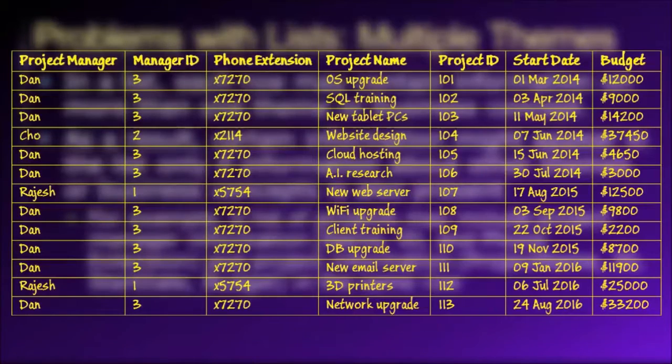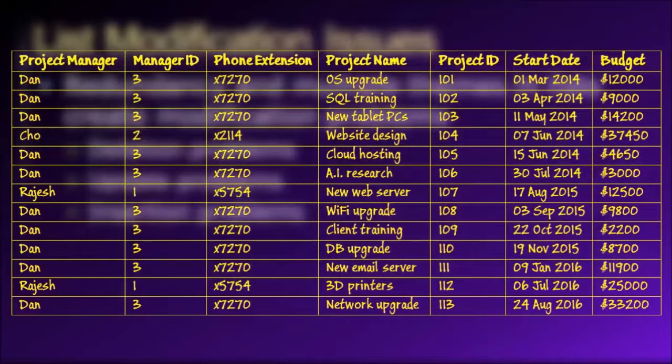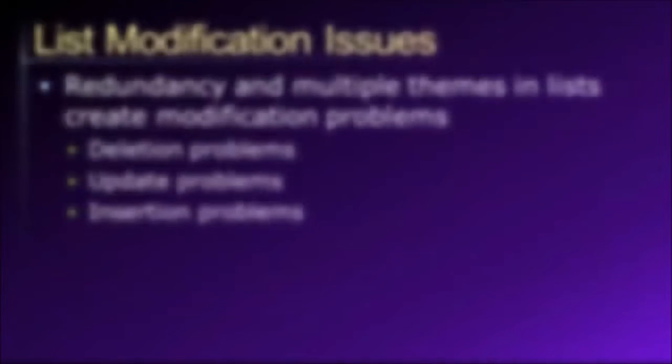If we also wanted to include project information, that is perhaps a project name, a project ID, any additional information about the project, we might store that in the same row along with the project manager. Aside from redundancy, as I mentioned earlier, the problem here is not necessarily how we are storing this information, but what might happen to the information if it is stored in this way.